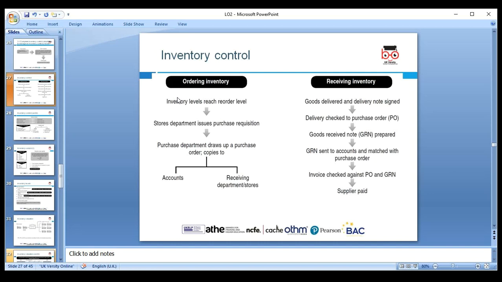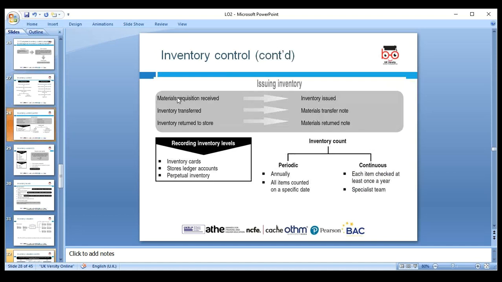The goods received note is matched with the purchase order, then check the invoice against the purchase order and goods received note, because maybe we ordered one thing and received different goods, or the value differs, or there may be a shortage of goods in the real world. Then inventory material requisition, inventory transfer, inventory return to stores. That's all we need to keep track of.